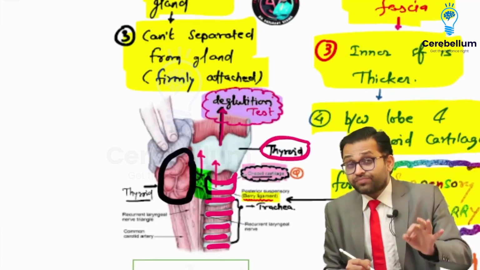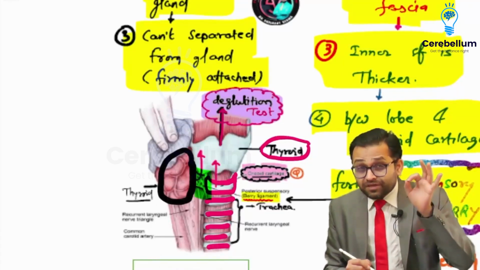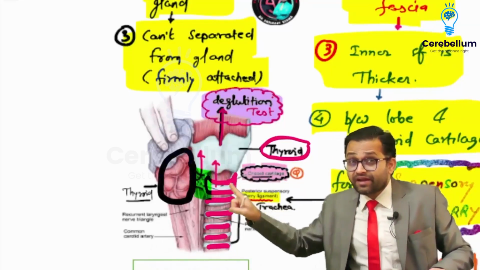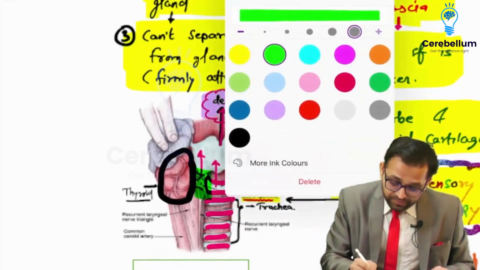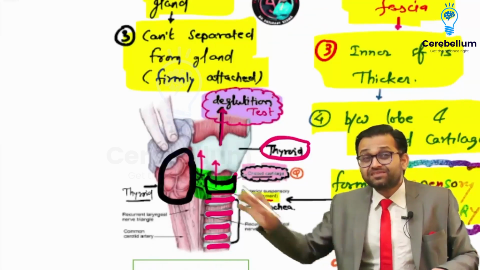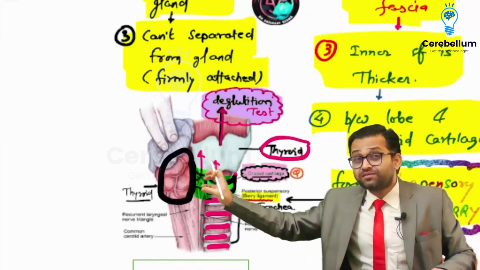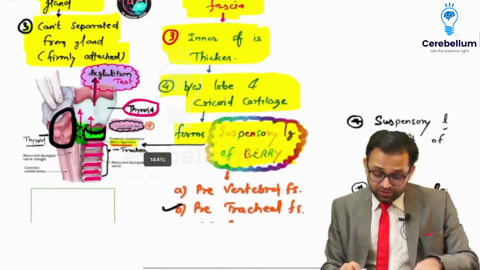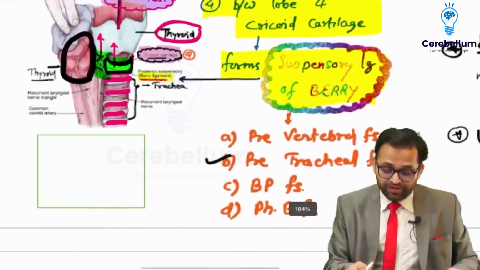Mark my word, listen carefully: it is attached to the cricoid, I'm not telling you the thyroid cartilage. This is suspending, this is holding the thyroid gland.